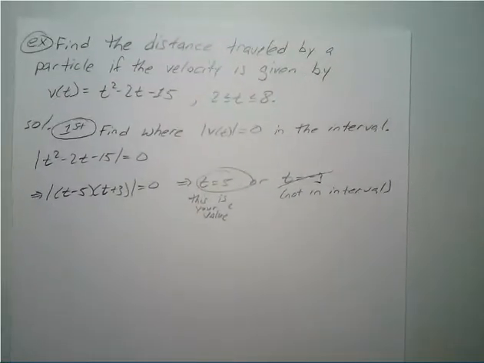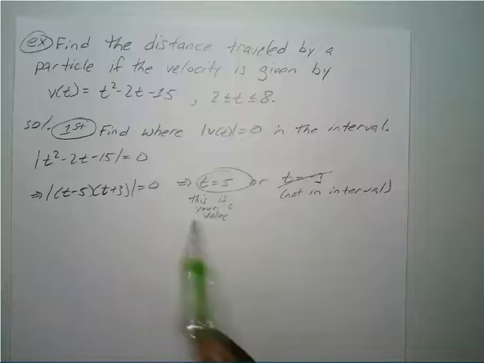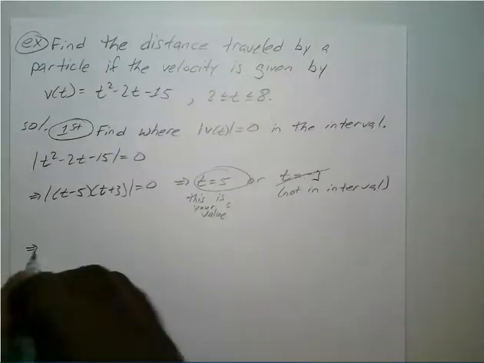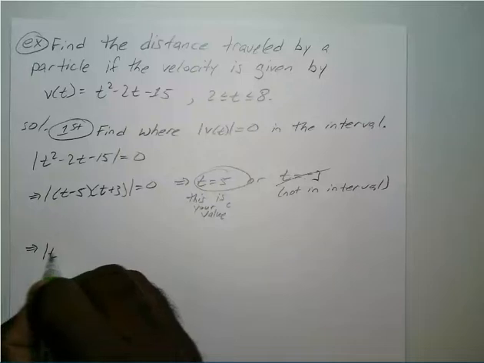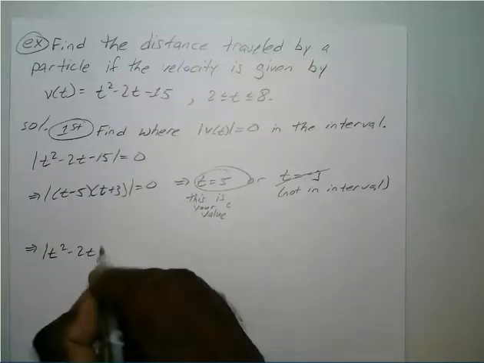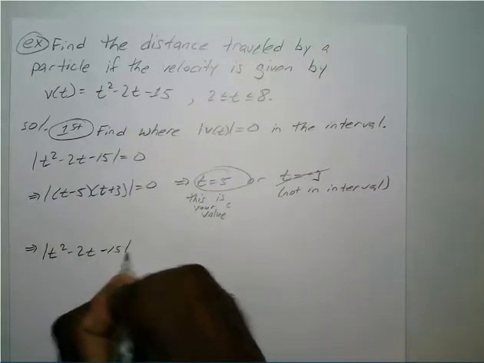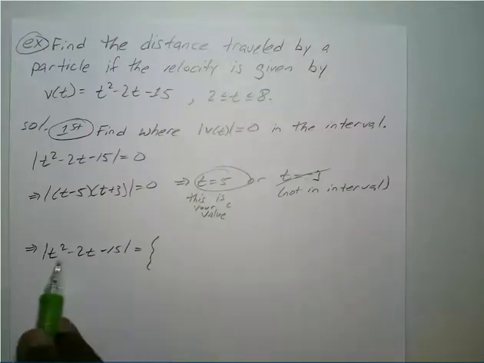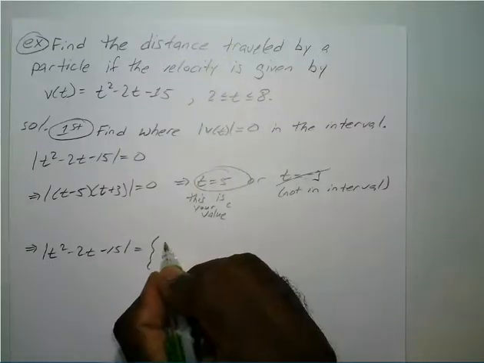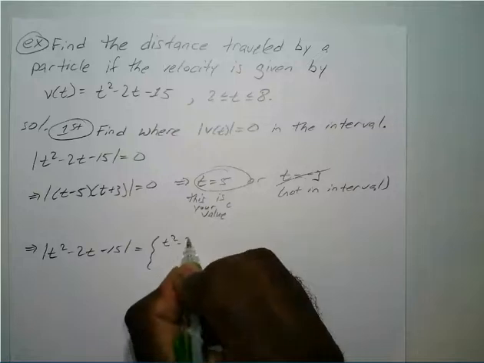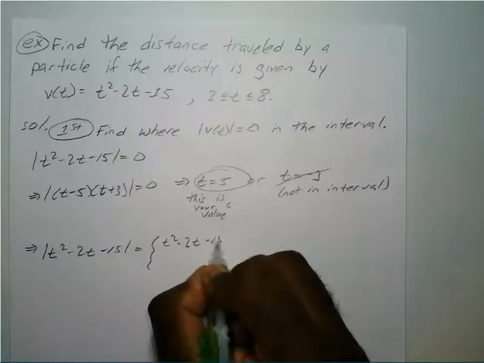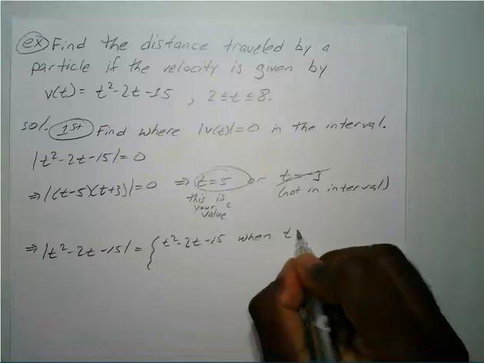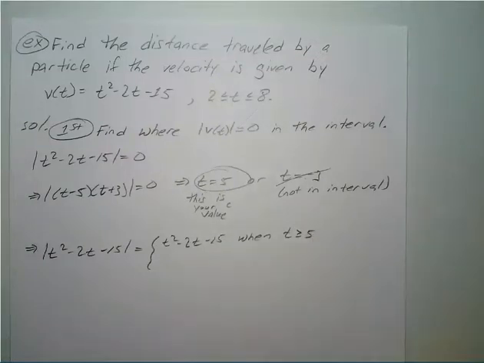First thing we're going to do is use that as part of our absolute value definition. We know that the absolute value of t squared minus 2t minus 15 is equal to our positive value, t squared minus 2t minus 15, when t is greater than or equal to 5.